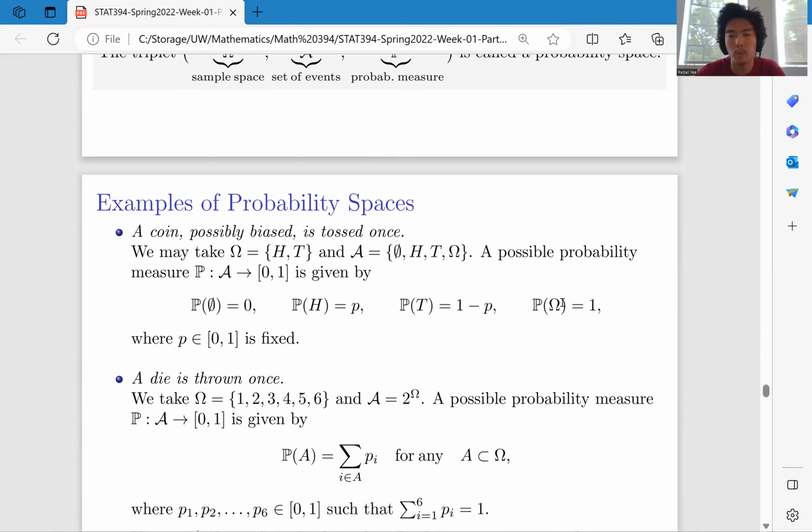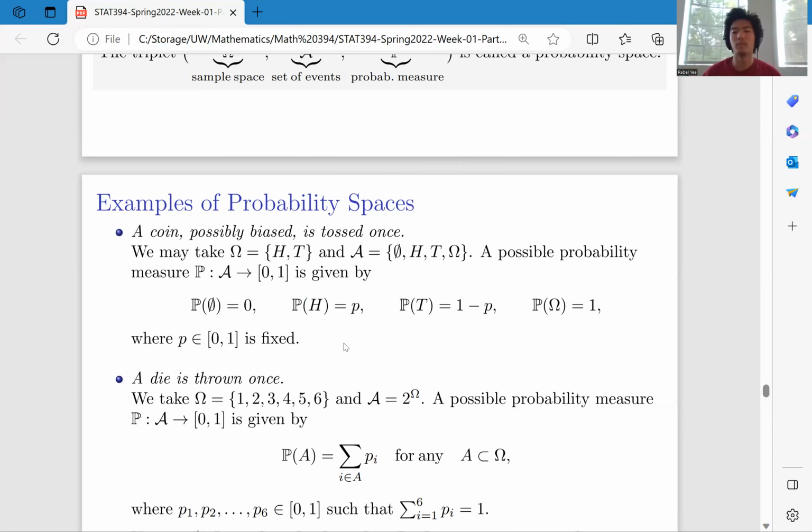So what's the difference between the probability measure and the probability distribution? The one thing we want to illustrate is that the probability distribution must also sum to 1. So if we pick the probability of H and the probability of T, their sum is P plus 1 minus P, which is 1.